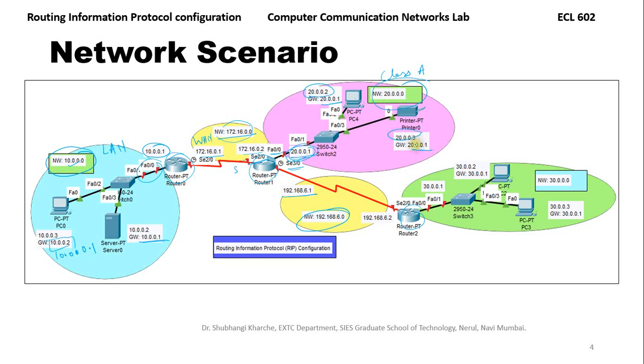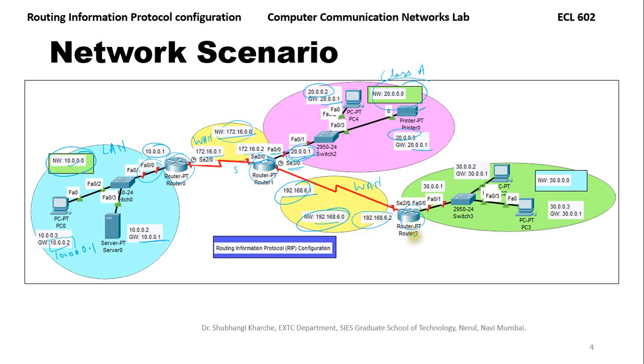Now this WAN link has IP addresses belonging to this class C network, that is 192.168.6.0. So one terminal of this WAN link will have 192.168.6.1, and the other interface will have 192.168.6.2.